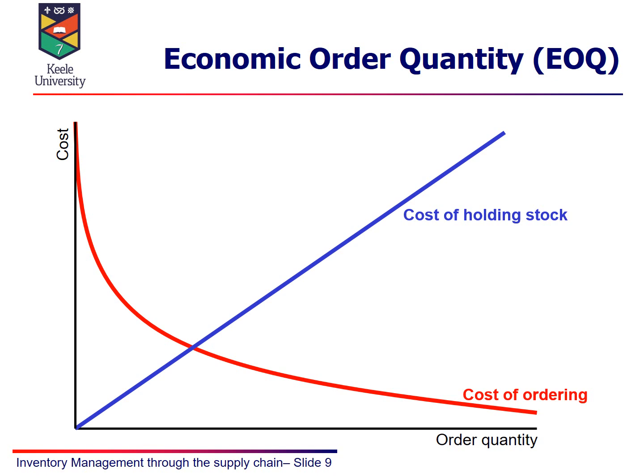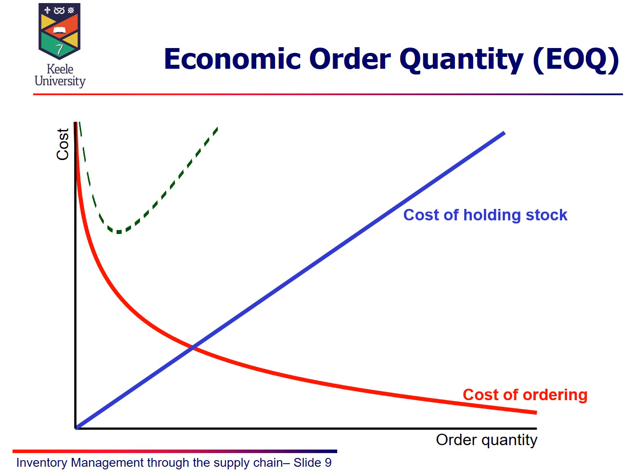So you can see there's a danger if you order in too large quantities that you're going to run up huge costs of holding. But if you order in too small a quantity, then your costs of ordering increase, because you're going to have to keep ordering and ordering, all the administration, all the transport, and so on.